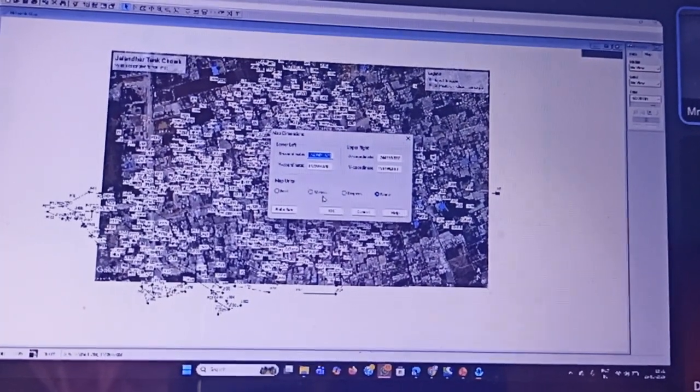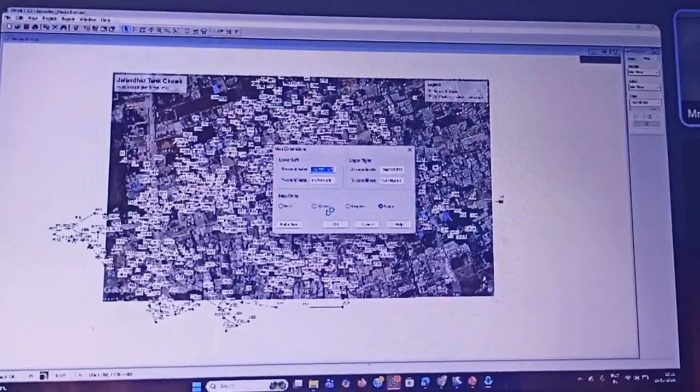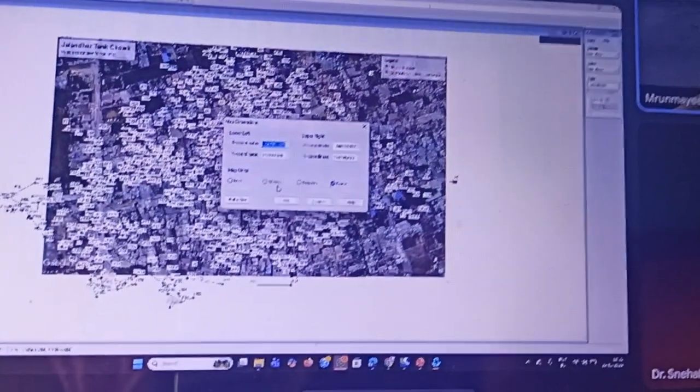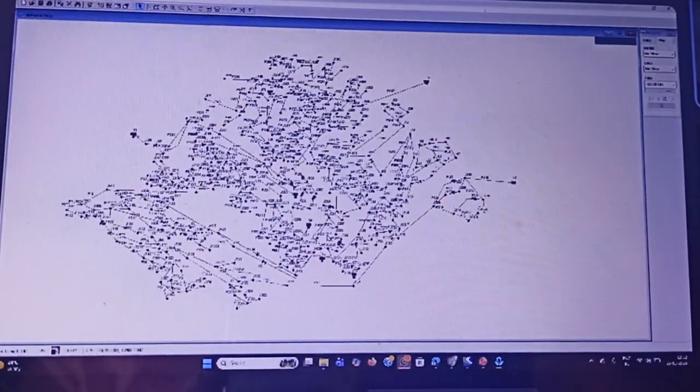For this we have a specific, very easy formula, and your map will be set inside the EPANET platform, and easily you can put your nodes and junctions. Without GIS it's not possible to do this network and make a backdrop for a sustainable water distribution system.